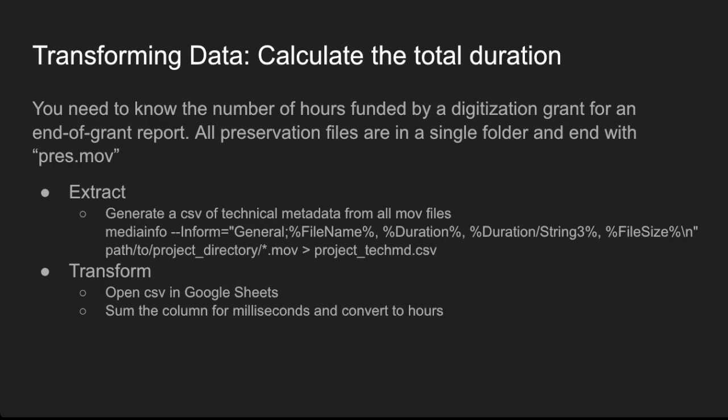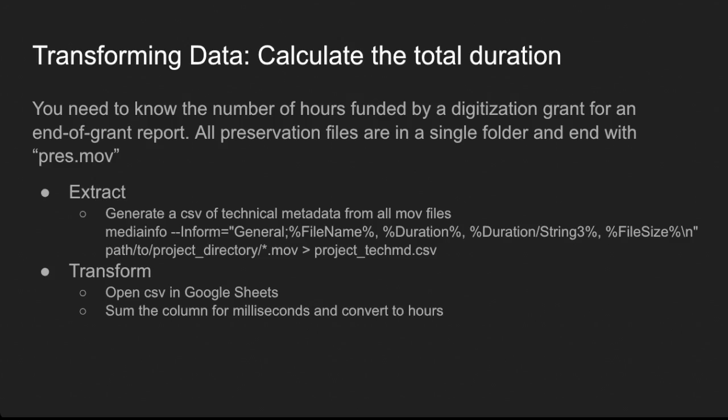And when you think about that, that's actually really hard to add together, which is why in this case, I have this duration/string3 version, which is how I tell MediaInfo to give me the milliseconds of every single file. So now instead of saying 1:30, it says something along the lines of 90,000, which is, a minute 30 seconds is 90,000 milliseconds.